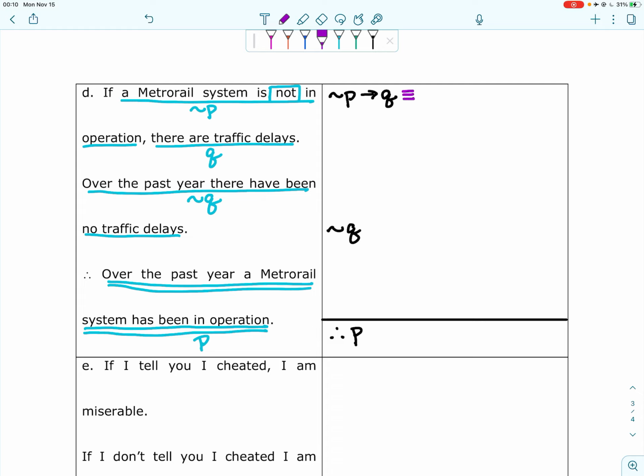So remember, negate the first term, change the arrow to an or, and leave the third term as you saw it. So if not P, then Q is equivalent to P or Q. And then I'm going to cross this guy out so that I know that I'm not looking at him anymore.